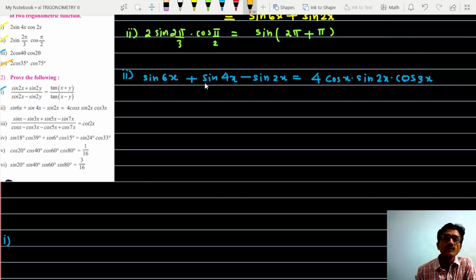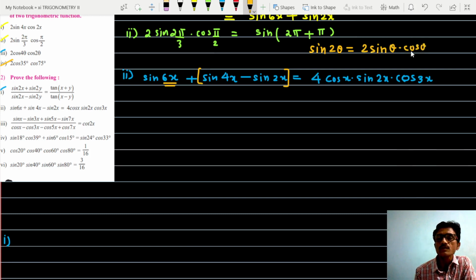So here we group the terms. See, sin 4x and sin 2x. So if we group these two terms, and this 6x we will write as 2 times of 3x, and we have formula sine of 2 theta. What is formula for sine 2 theta? 2 sine theta into cos theta.